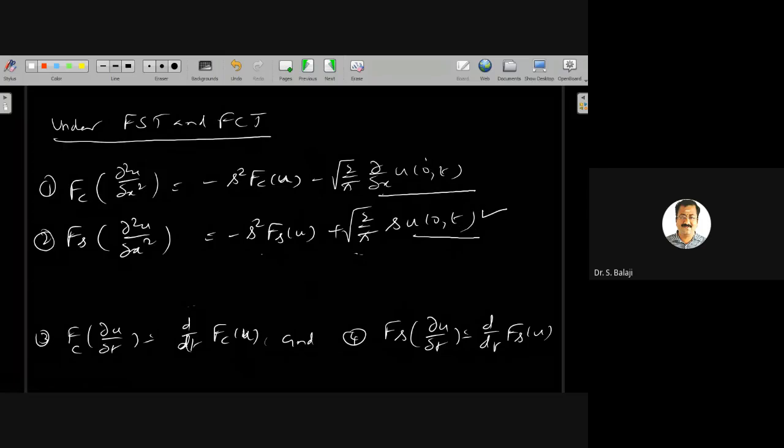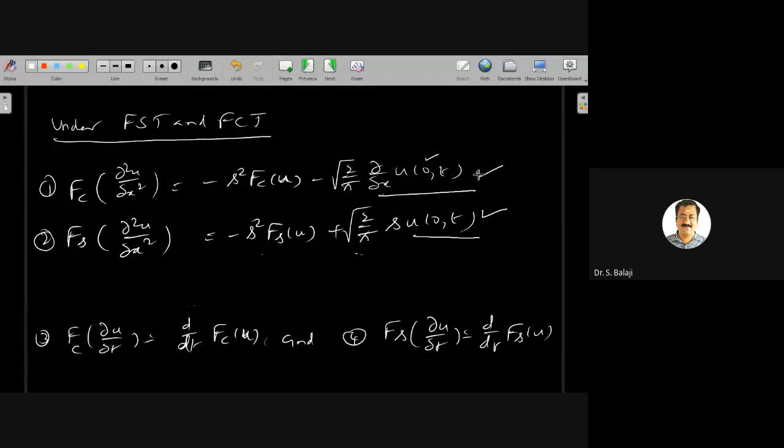Similarly, if at the initial point x equal to 0 the temperature gradient, ∂/∂x, is given, you have to adopt the Fourier cosine transform. This is the only distinction. Whenever temperature is given, apply the Fourier sine transform; whenever temperature gradient is given at the initial point, apply the Fourier cosine transform.